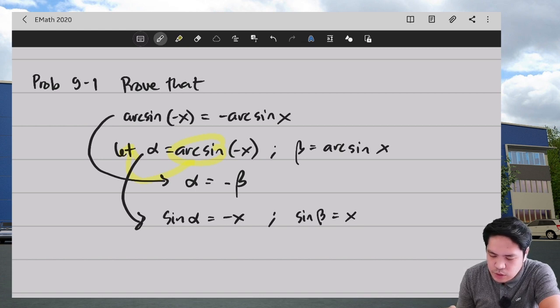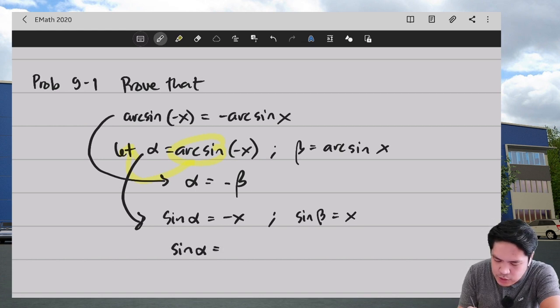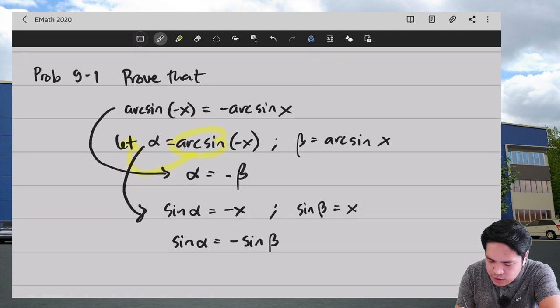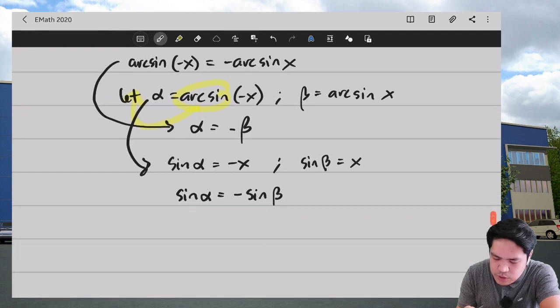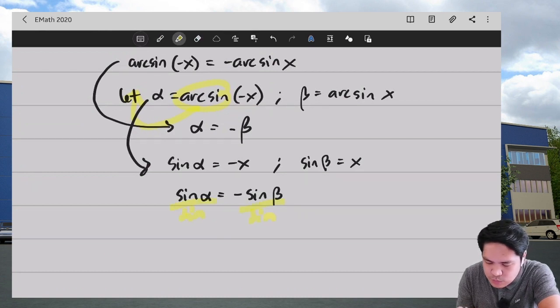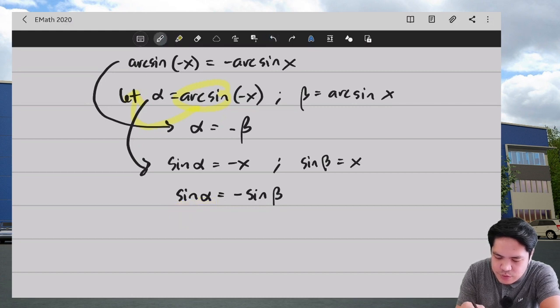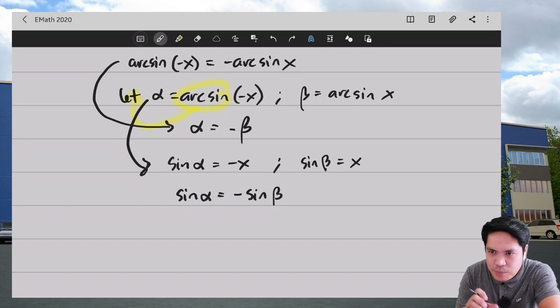Okay, since sine alpha is equal to negative x and x is equal to sine beta, it's not canceling, no, kasi we don't divide all terms by sine. Parang inaapply lang natin, diba? So both angles are applied with sine.